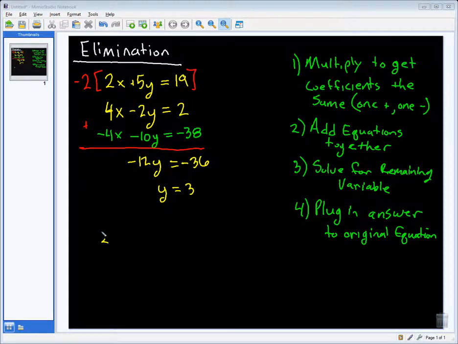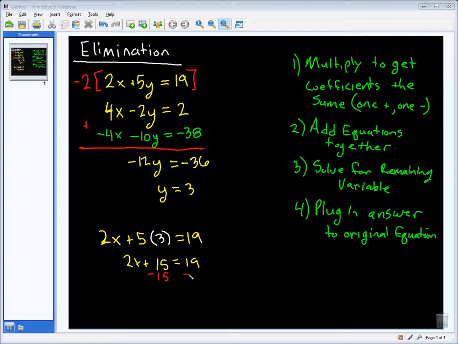So I have the 2 being multiplied to the x, and then I have the 5 being multiplied to the y, which we just got our answer of 3. And that equals 19. So I have 2x plus 15 is equal to 19.